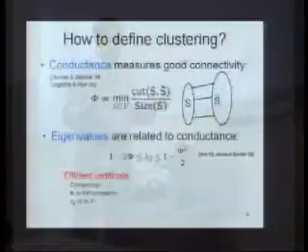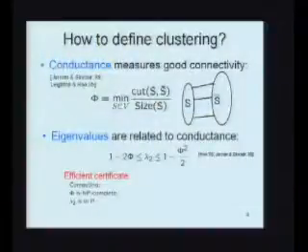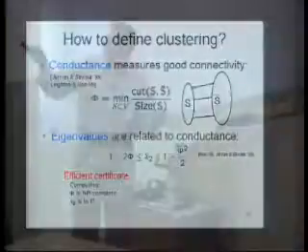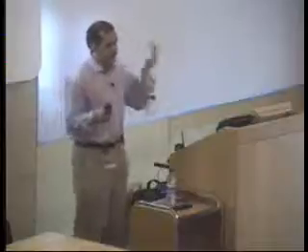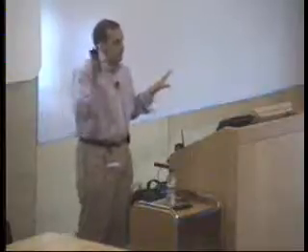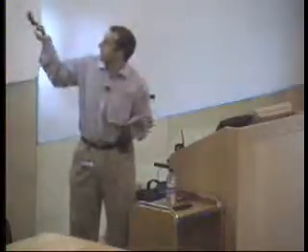So we have used the concept of conductance to measure the effect of clustering. Here I have a definition of it. Think of it as a measure that defines how a subset of nodes connects to the rest of the network, and it measures the number of links that exist from this subset to the rest of the network over the size of the subset.